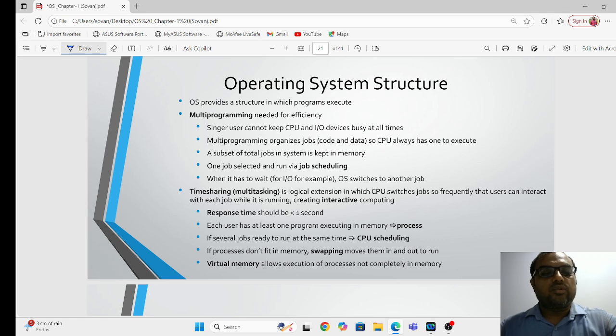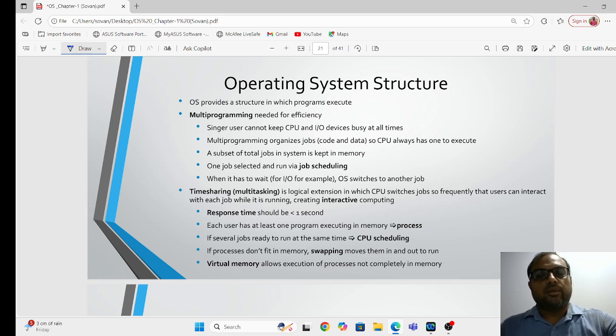Suppose n jobs are waiting in the waiting state, then as per the scheduling algorithm one of the jobs will be selected. This happens via the operating system. When a job has to wait, the operating system switches to another job.